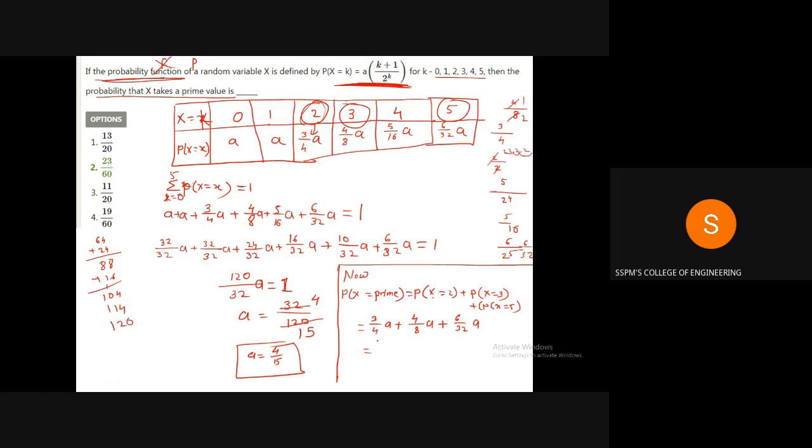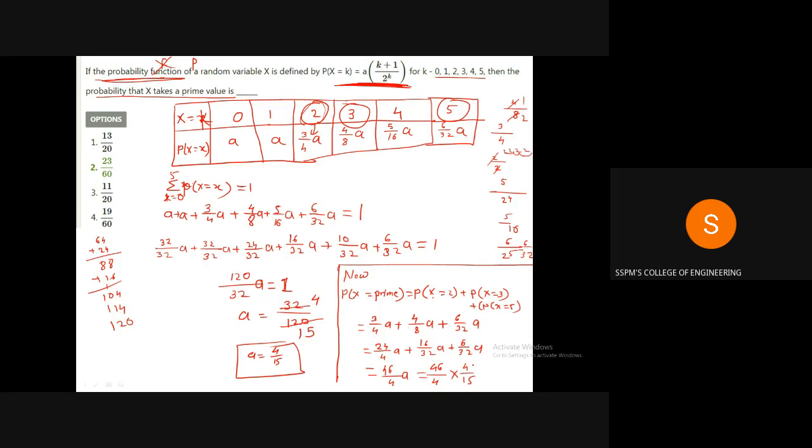So 3 by 4a becomes 24 by 32a, plus 4 by 8a becomes 16 by 32a, plus 6 by 32a. So their addition is 46 by 32a. But the value of a is 4 by 15.